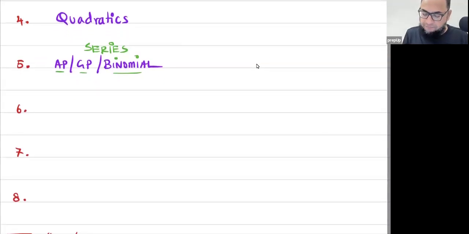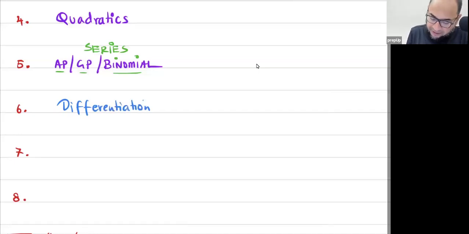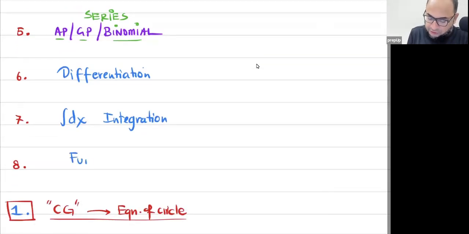And then we have the topic that is differentiation. And we have integration. This is the symbol for integration. And last but not the least, that is functions.